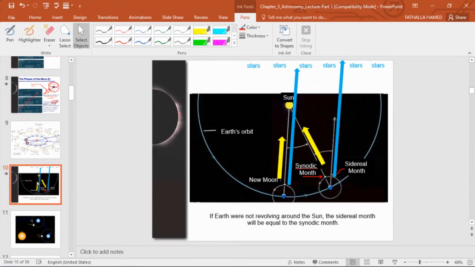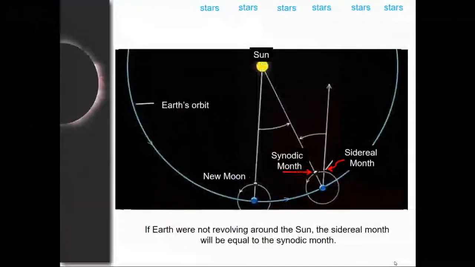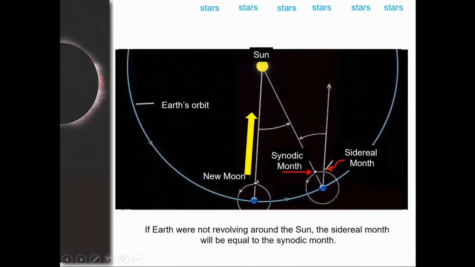I want you to pay attention now to what we have here. When you look at the sun, and this is the earth and this is the moon, the yellow arrow here tells you that we have a new moon when the sun, the moon, and the earth line up.